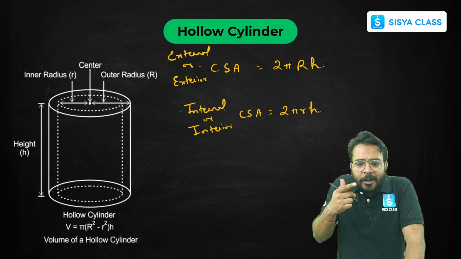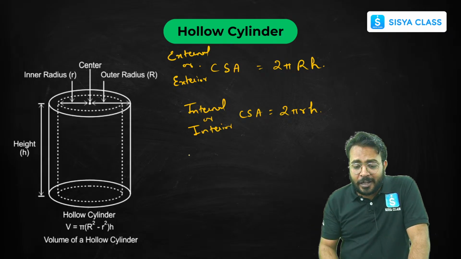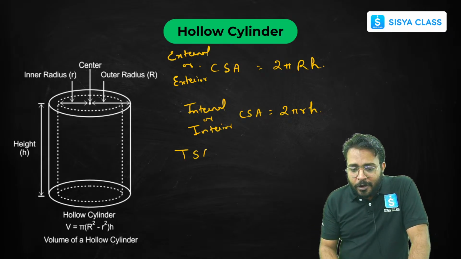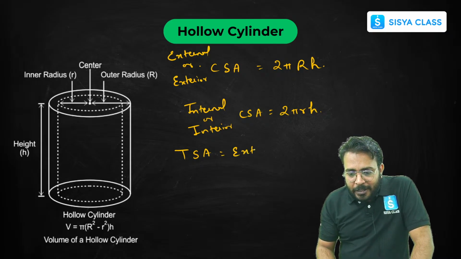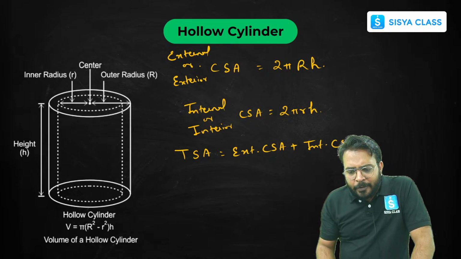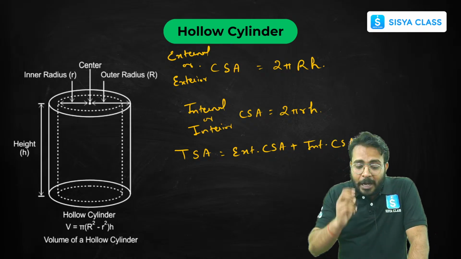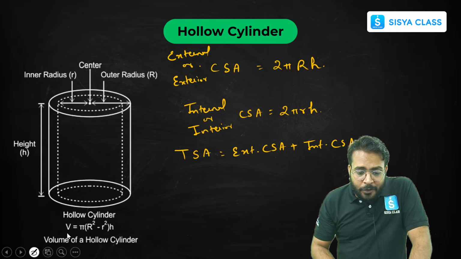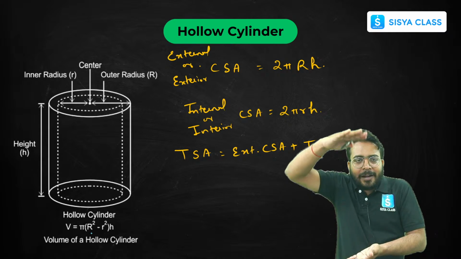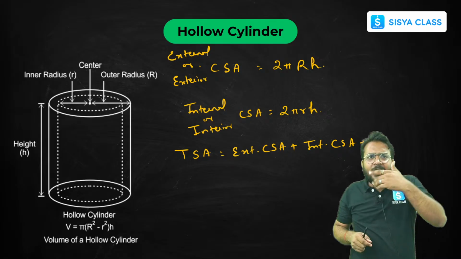And if I need to find the total surface area, then what will we do? Total surface area for a hollow cylinder, dear: the exterior curved surface area plus the interior curved surface area, that's it? No, you also don't forget to add the area of the top and bottom. And which area are you going to use?